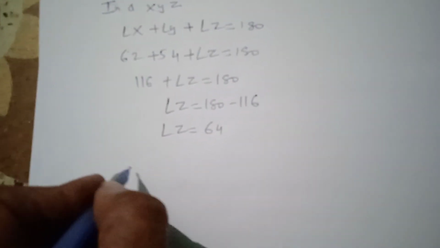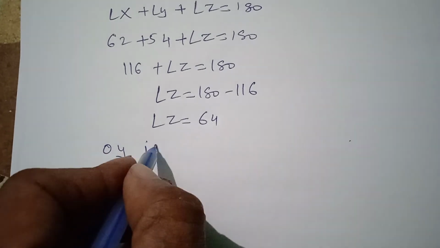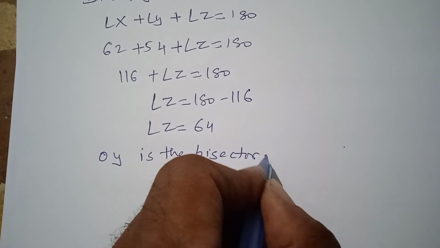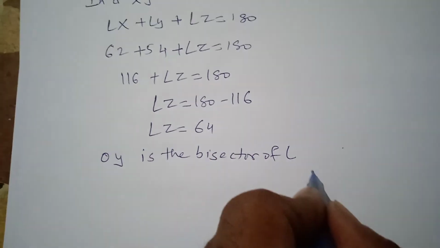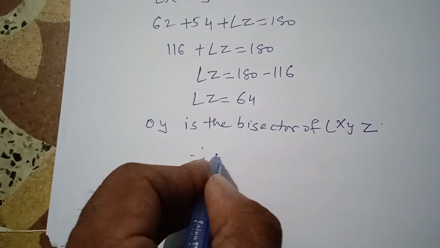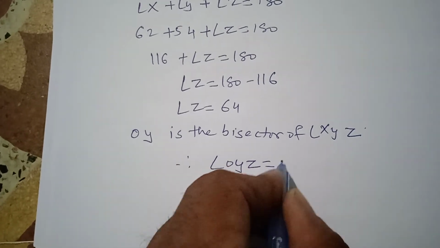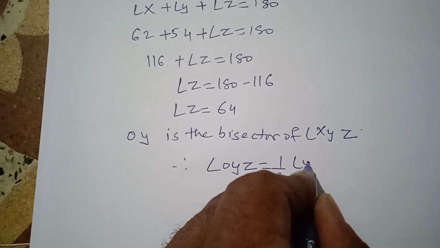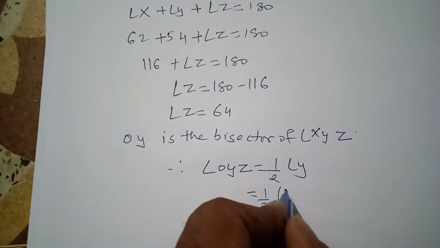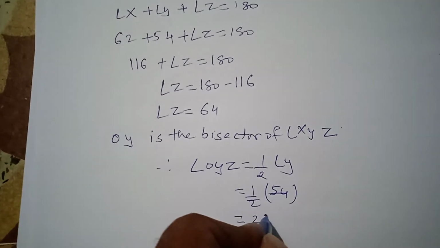So we can write here, OY is the bisector of angle XYZ. Therefore, angle OYZ is equal to half of angle Y. That is, angle Y 54 is given. 54 divided by 2 is 27.